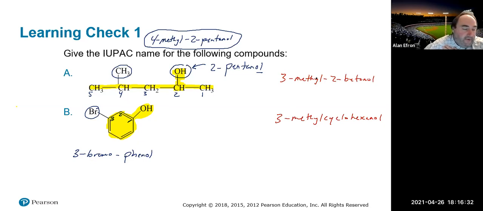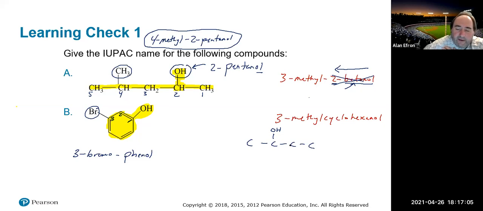Now, when we have our name and we want our formula, just like we've talked about before, we want to work backwards. So butanol: the OL tells us it's an alcohol, the 2 tells us that's where the OH group is at, and the but tells us it is 4 carbons. So starting with 4 carbons, I'm just going to draw it here: 1, 2, 3, and 4. Because you're drawing, you could go whichever way. I'm going to go left to right and call that carbon number 2.